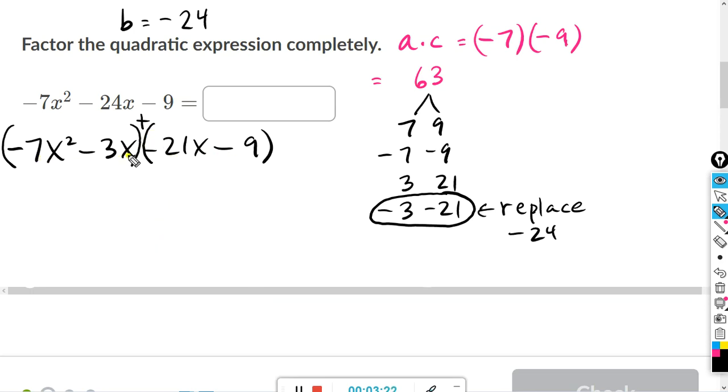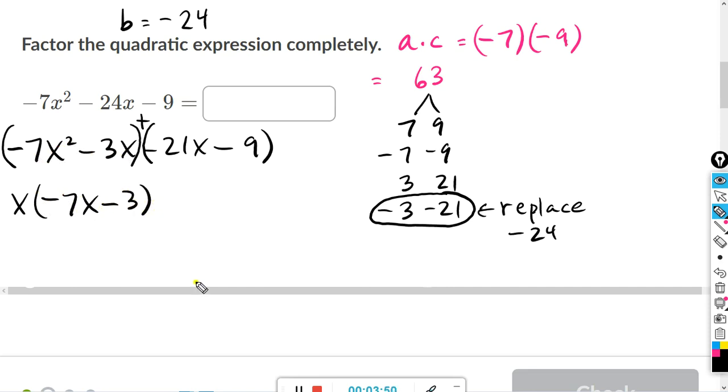So in the first group of parentheses, what's the common factor? Well, we can't factor out a number because we have two prime numbers, 7 and 3. But we can definitely factor out an x. Okay, -7x squared divided by x is -7x. And -3x divided by x is just -3.